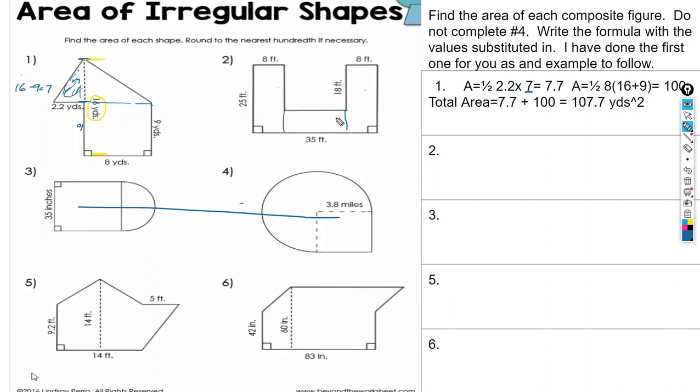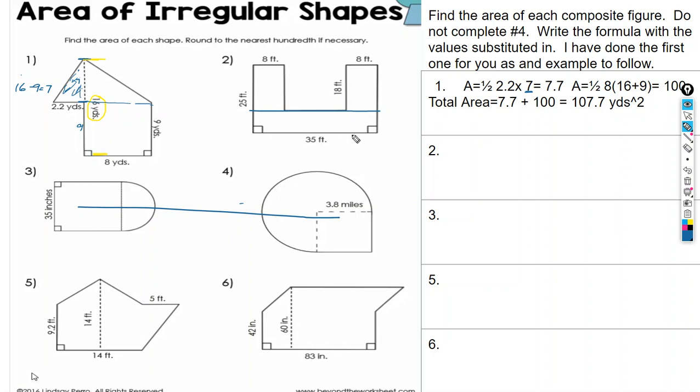Another method you could do, I just want to get rid of those lines, would be to do this right here. Break these into 2 smaller triangles, and then I have 2 triangles that are 18 by 8, right? If these 2 are the same, 18 by 8, because that goes from here up.